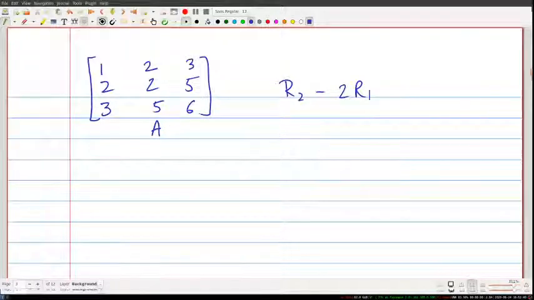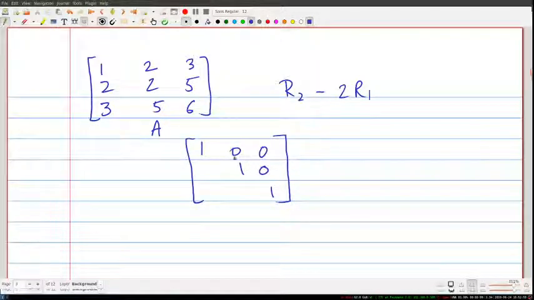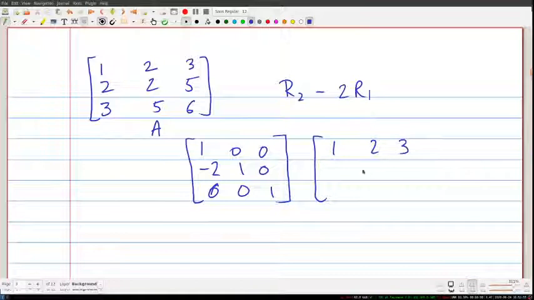Alright, so the matrix for that is going to be 1, 0, 0, minus 2, 1, 0, 0, 0, 1. Preserve the first row, preserve the third row, and do this multiplication. So 1, 2, 3, 2, 2, 5, and 3, 5, 6. Okay, that's the first step.